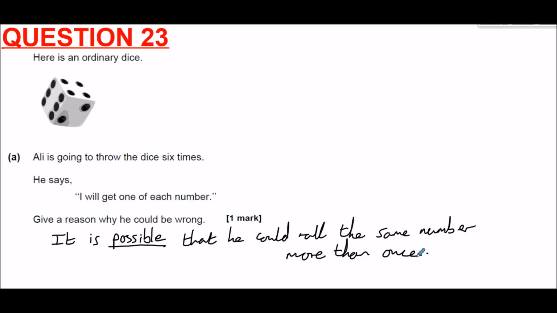He could roll 2 1s or 2 6s. For all we know, he could roll 3 6s. We just don't know. But it's a case of getting the wording down in a way which is clear enough to the examiner. And so I think that explanation is absolutely fine. It's possible that he could roll the same number more than once. This whole thing about probability, you just don't know for definite. So that's what I'd say for part A.